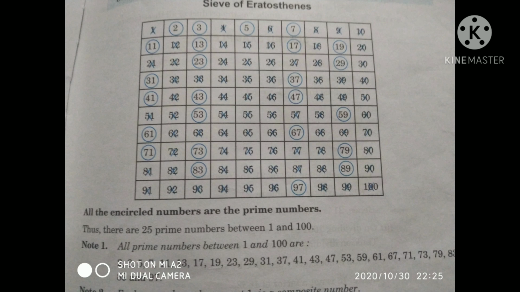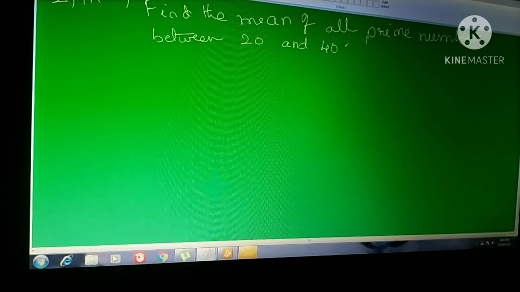If you observe here, from 20 to 40, how many prime numbers are here? 23, 29, 31 and 37. Only 4 prime numbers we have in between 20 and 40. Write down all the prime numbers here.